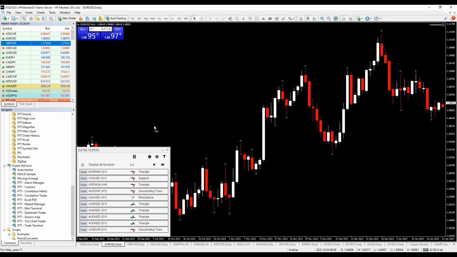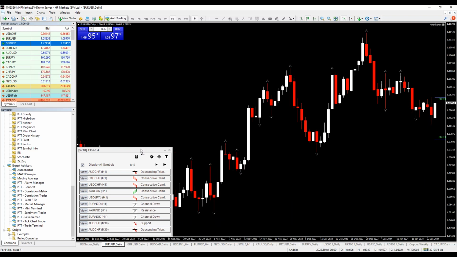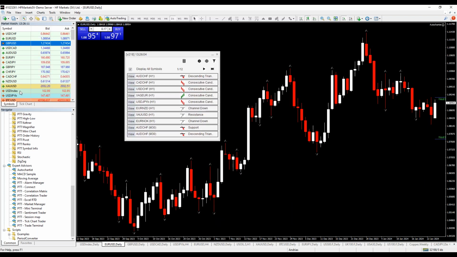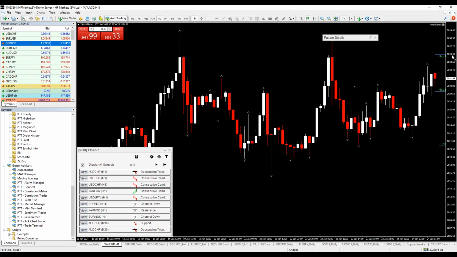By the way, all the symbols that are here are symbols that you have on your market watch. So if you have gold on your market watch, you'll be able to see gold. I've clicked on gold, by the way, but it was gray. So it means that it is not active anymore. It's done.